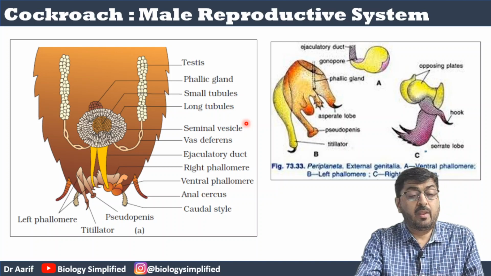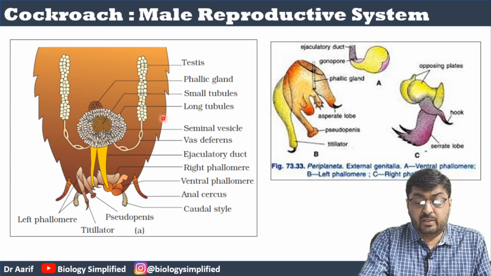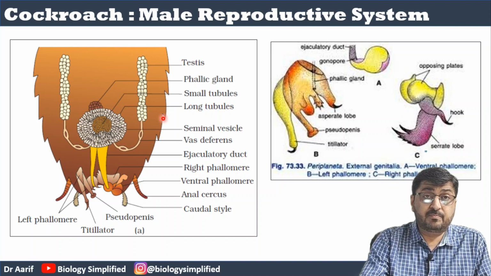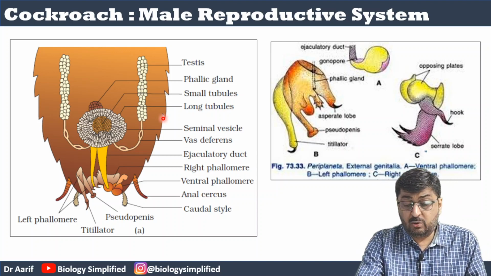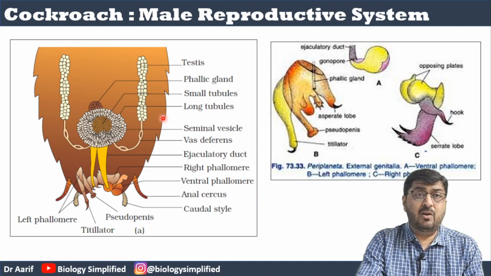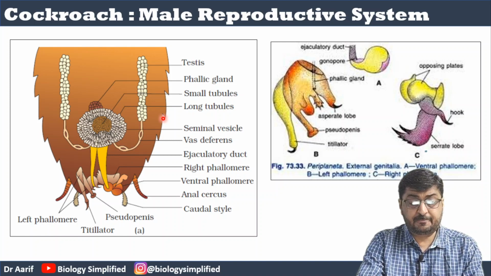Now the male reproductive system, right, a pretty developed system, might throw up a few surprises for us as well. If you can identify some analogies with the human reproductive system in here, please.